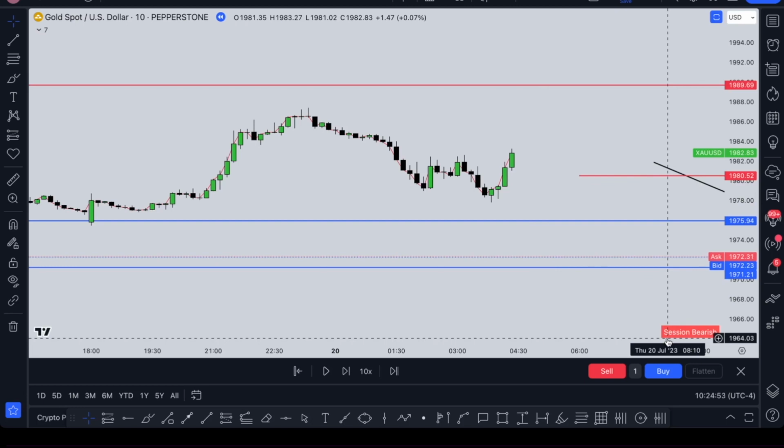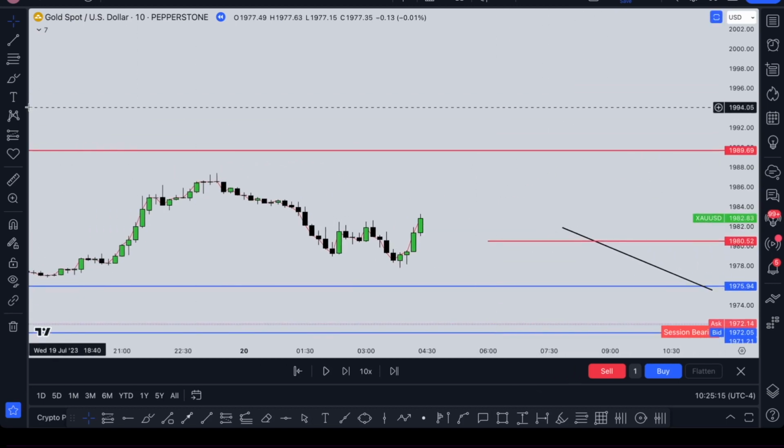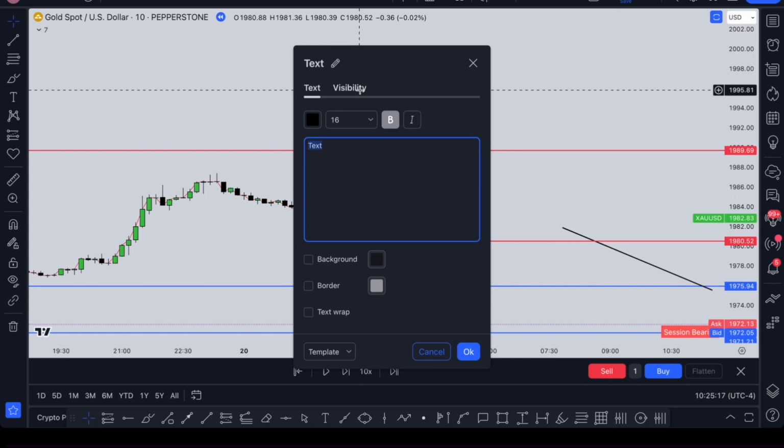So the preliminary qualifier to say that the New York session was indeed bearish is if price closes bearish by 10 a.m. EST relative to the 7:30 a.m. EST open. What's the qualifying condition for success? For bullish, price closes above the 7:30 a.m. EST open by 10 a.m. EST.